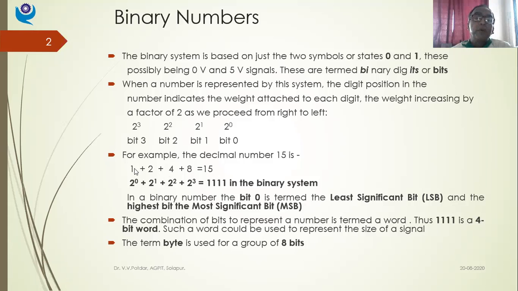So 1 corresponds to 2 to the power 0, isn't it? So my bit 0 is existing, because there is one number corresponding to bit 0, that 2 to the power 0 is 1. Now second from right, bit 1, 2 to the power 1 is 2. Third bit, 2 to the power 2 is 4.